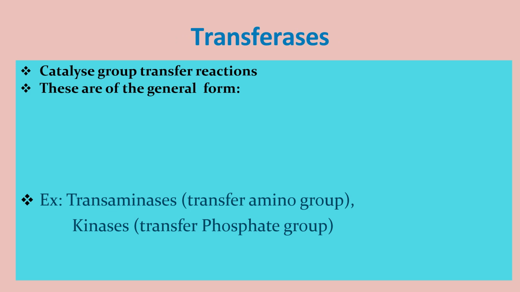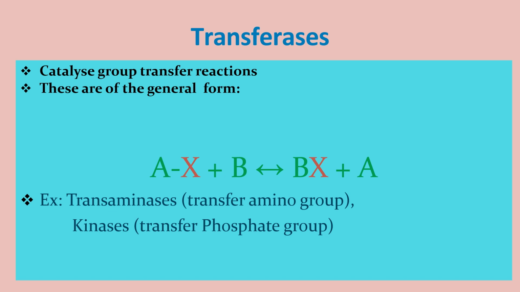The next class is transferases, which catalyze group transfer reactions. These are of the general form A plus B, where we have one group called X. So this X could be transferred to B in these reactions, catalyzed by enzymes called transferases. Examples of transferases are transaminases.